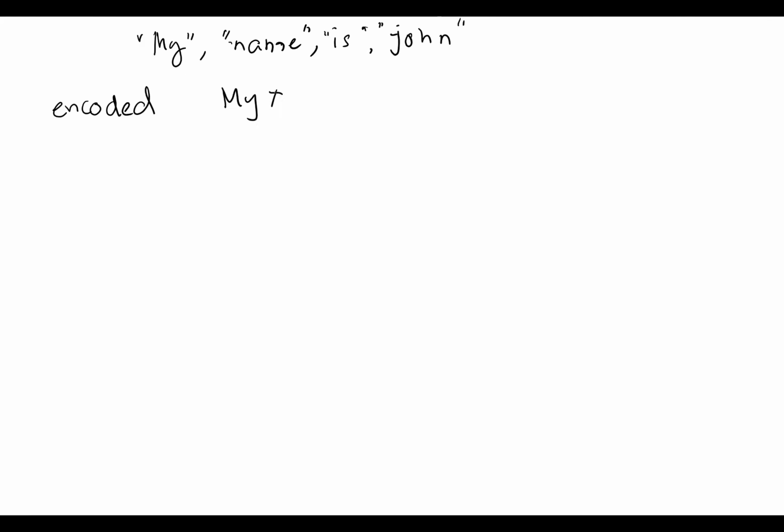Okay, just for another example, say my input is, my name is John, right? If that is my input, the encoded string is going to be my pi name pi is pi John. Okay, so that's going to be the encoded string.